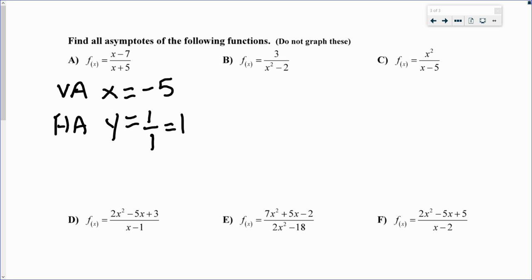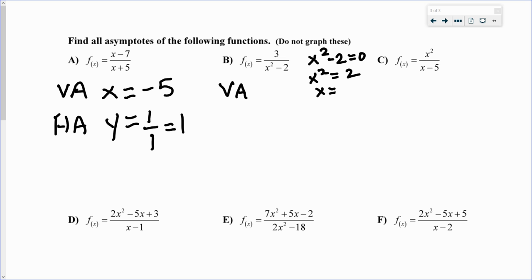Okay. Letter B. Now, it looks as if almost there would be nothing that we could do here. But if I set that equal to 0, I could still factor it, or I could add 2 to both sides.